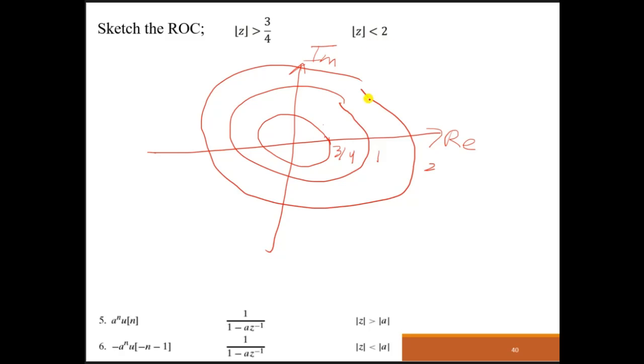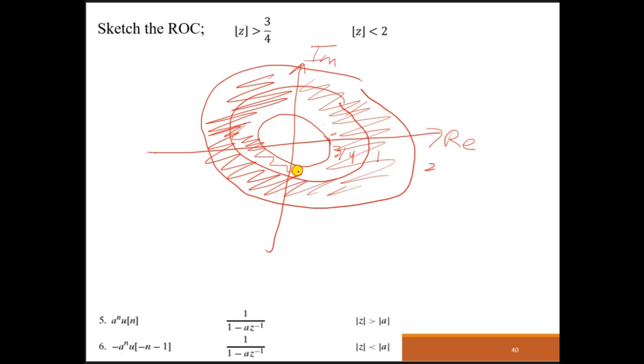Smaller than 2 is inside, bigger is outside. So it's in this region. So you have a donut ROC. Alright, so this is your ROC.